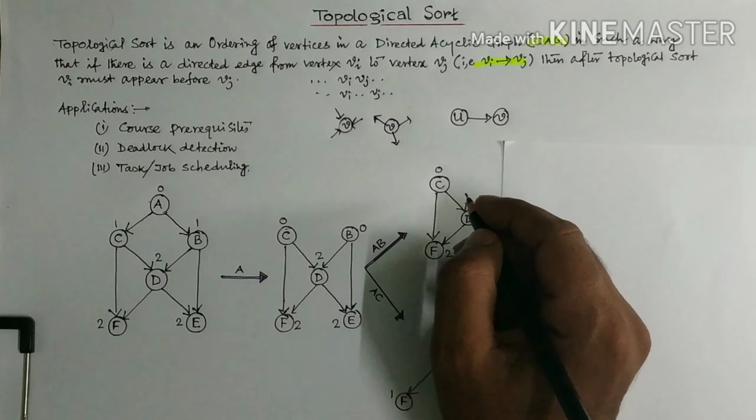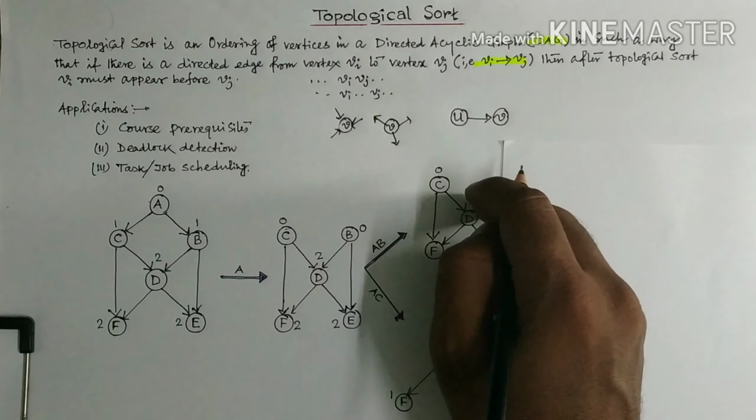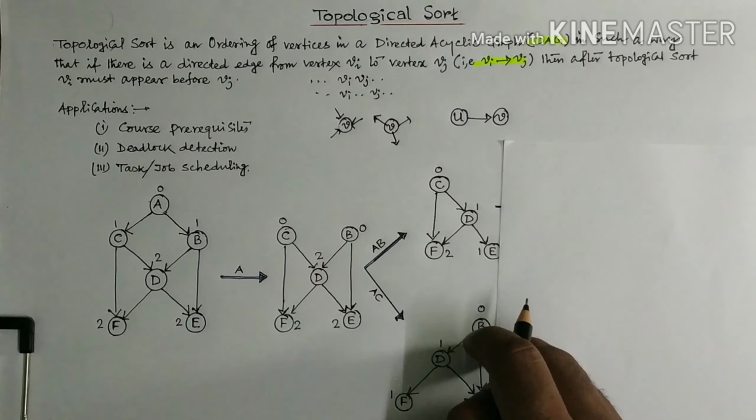Now vertex B and vertex C both have in-degree 0, so you can delete either B or C. If you delete node B, then the graph becomes like this. If you delete node C, then the graph becomes like this.